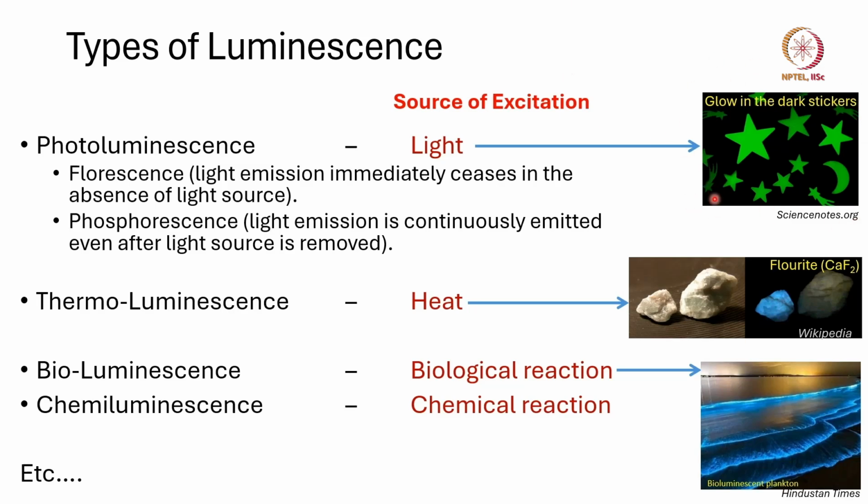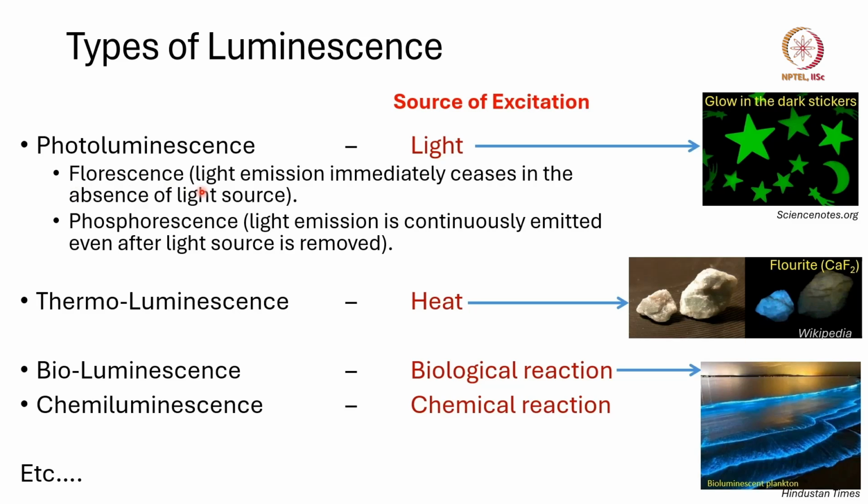These glow-in-the-dark stickers are an example of phosphorescence, where the light emission continues even after the light source is removed. Whereas the other type of photoluminescence is fluorescence, where the light emission immediately ceases in the absence of the light source. The fluorescent tube lights that we use in our houses are a good example of fluorescence.